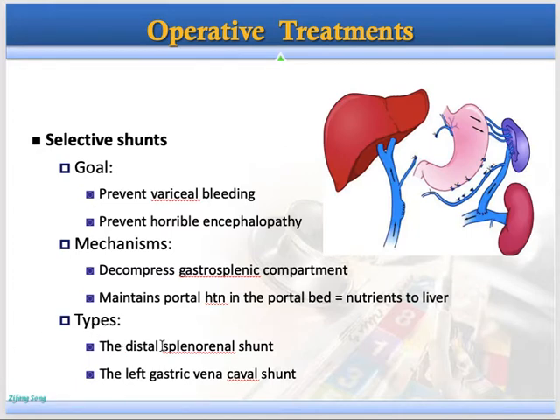The types are the distal splenorenal and the left gastric vena cava shunt. So these are selective shunts, but the good thing about this one is that the blood from the portal circulation still goes to the liver, but of course it will keep on resulting in ascites formation.